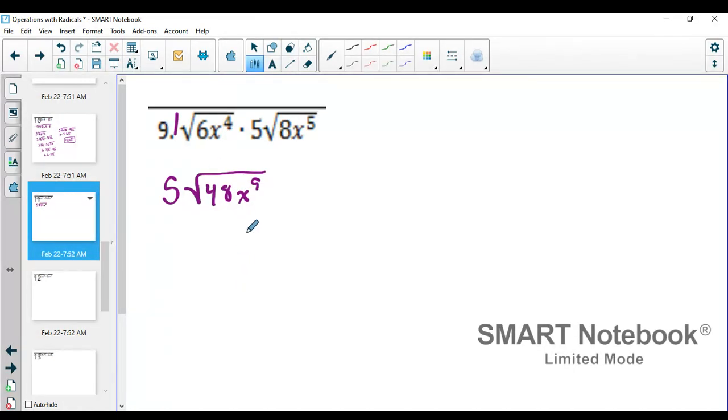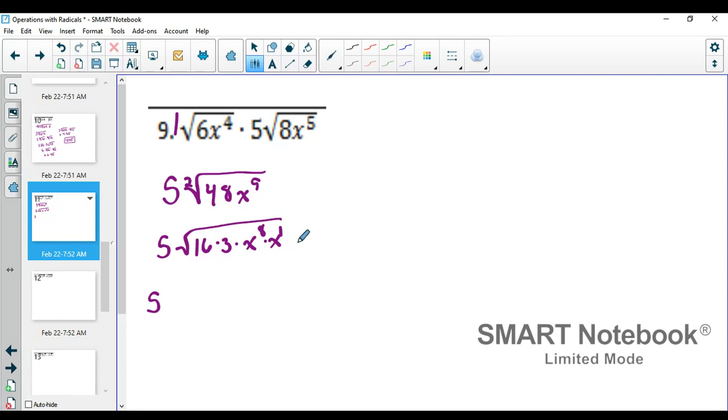So for the square root of 48 x to the 9th, we're going to break those down into their factors. So the factors of 48 that we can use are 16 times 3. And then because this is square root, we know that the index is 2. So the closest multiple of 2 to 9 is 8. So this becomes x to the 8th times x to the 1st.